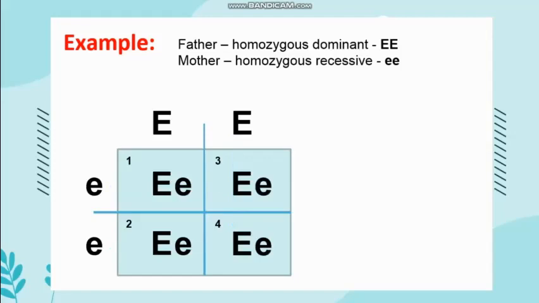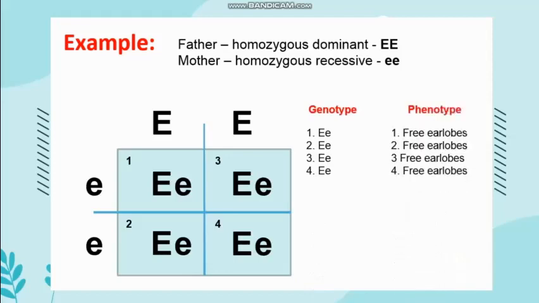The next step is to identify the genotype of the offspring. To identify the genotypes of the offspring, you are just going to copy those different letters as the genotypes. And for the phenotypes, you have the description. You can see that the phenotype of the offspring is actually the same as the phenotype of the father, which is dominant, a free earlobe. Why is this so?